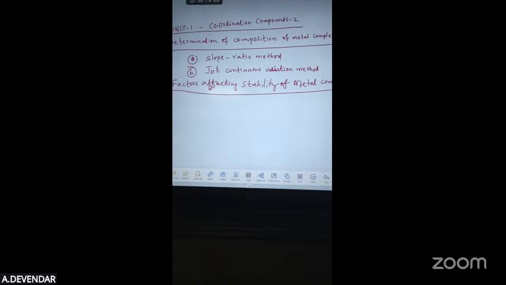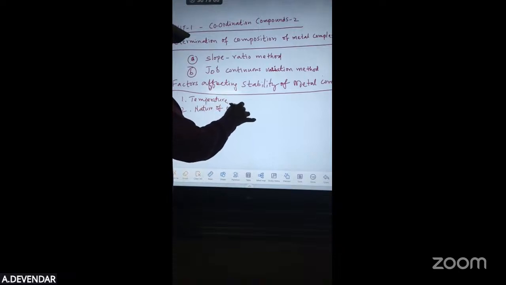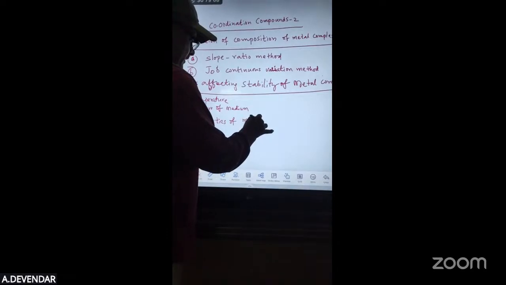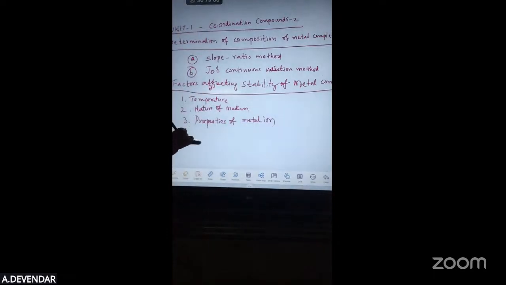The main one is temperature. Then the nature of the medium, the nature of the central atom, the properties of the metal ion, and the 4th factor is the properties of the ligands.